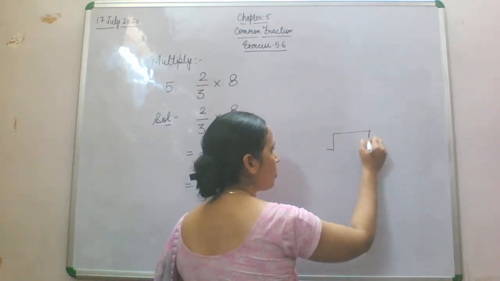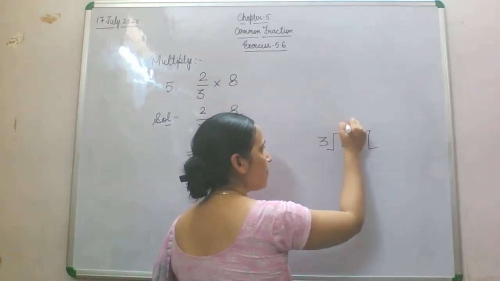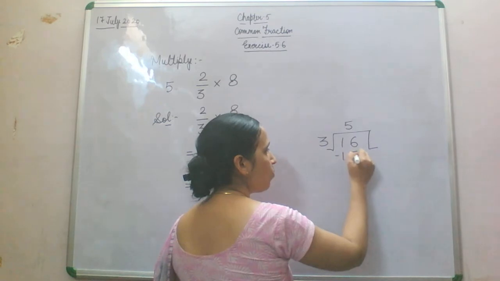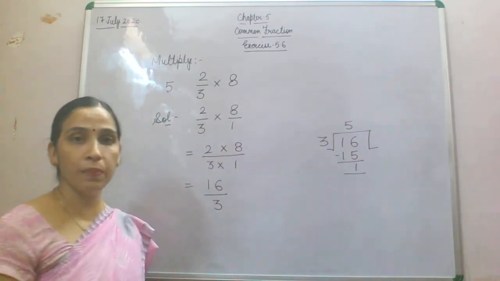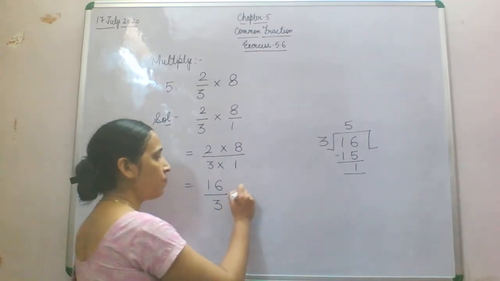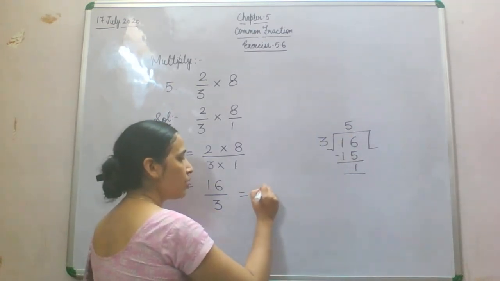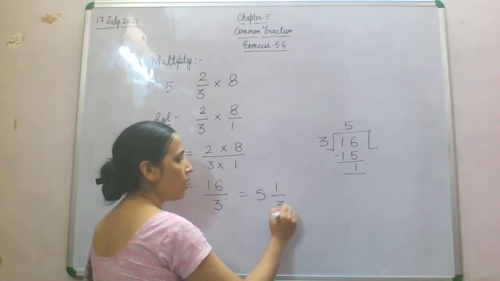16 is going to be divided by 3. 3 5s are 15. What will be remaining here? 1. 1 will be remaining. So how did we write a mixed fraction? Quotient, that is 5, then remainder 1 upon divisor, QRD.